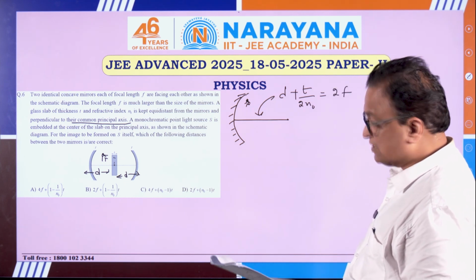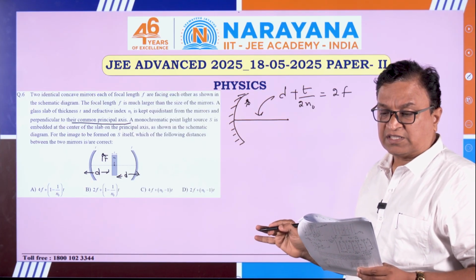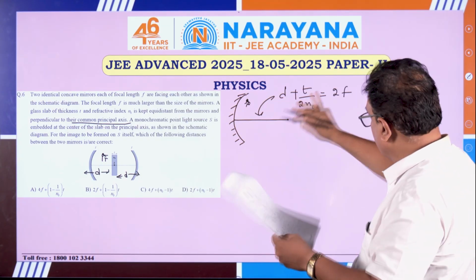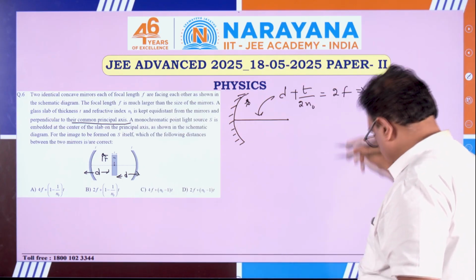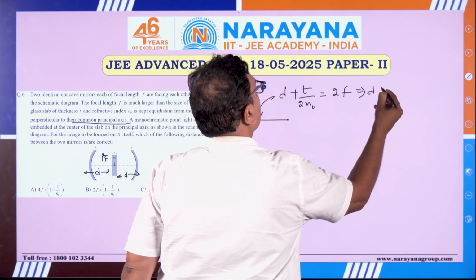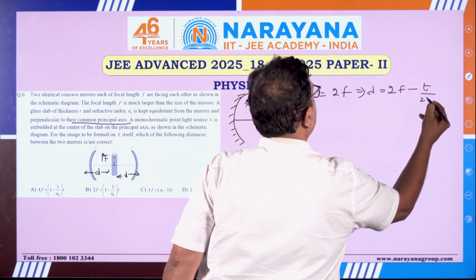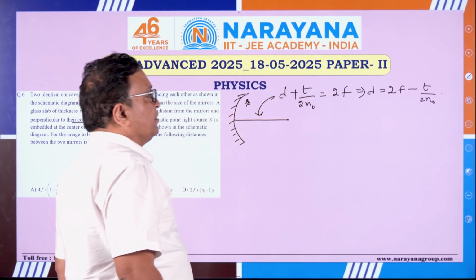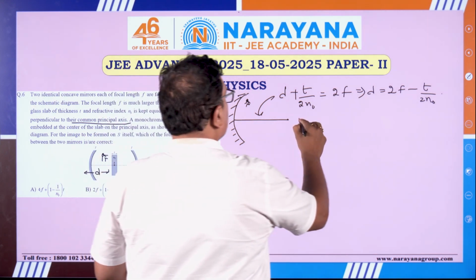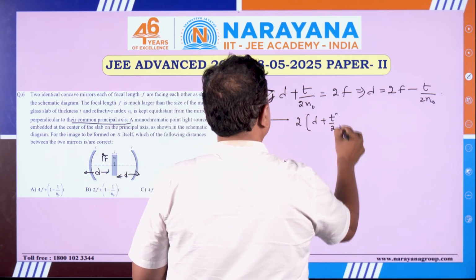So what is satisfied here is, for which of the following distances between the two mirrors is correct? They want 2D plus T. I am assuming this as my first option. If this is my first option, what is going to happen is D is equal to 2F minus T by 2 N0. Right. So what do you want actually? You want practically 2 times D plus T by 2, that is the actual distance.